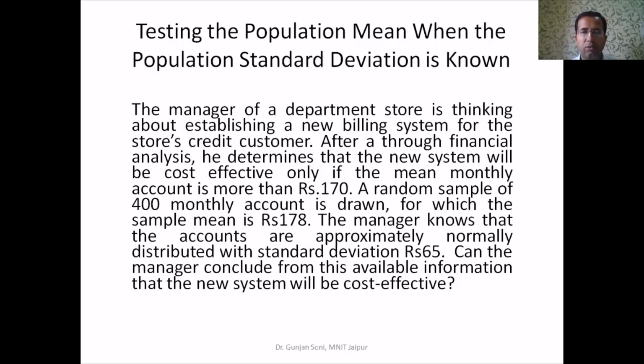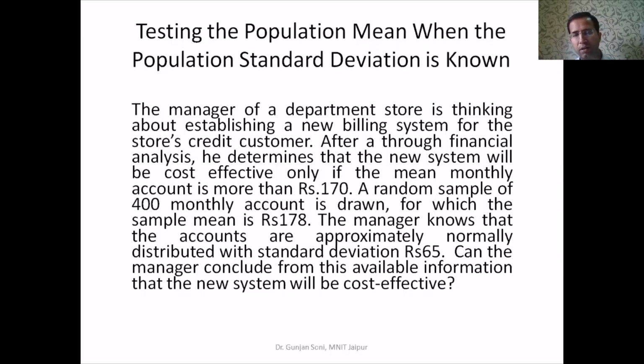So let's look at the two values, 170 and 178. It's clearly written that 178 is the sample mean. The other value is 170, which could be hypothesized. If my cost is coming out to be lesser than 170, I would say that it is cost effective.